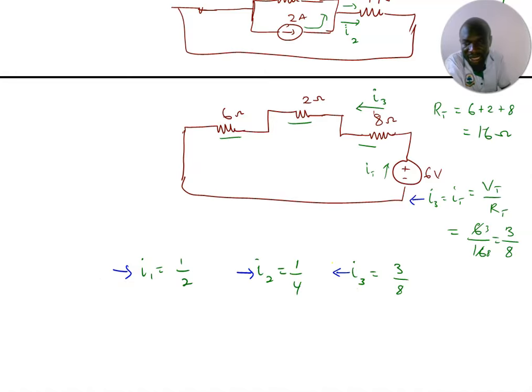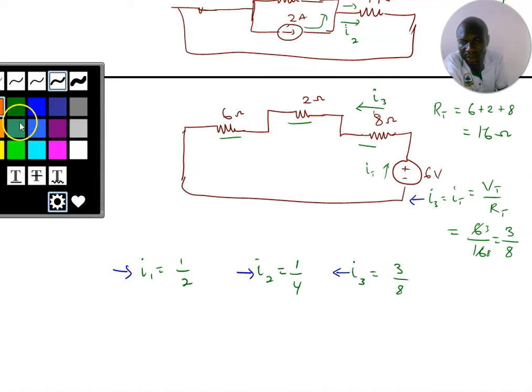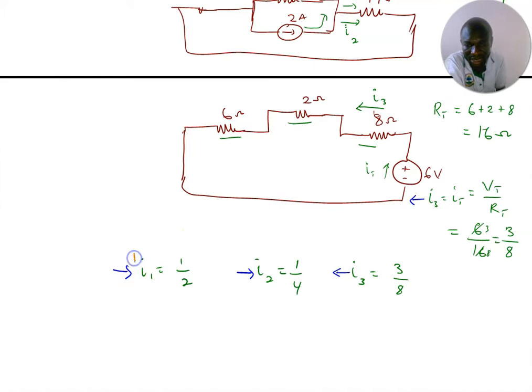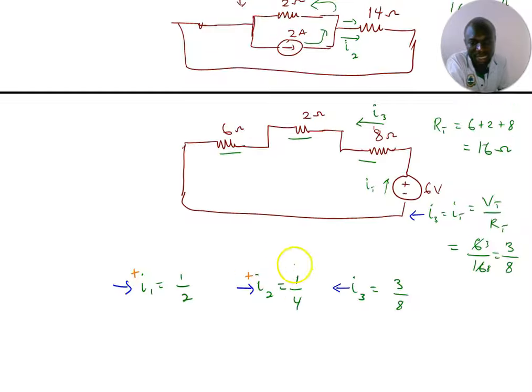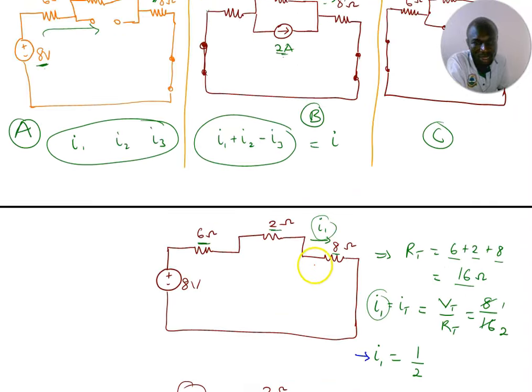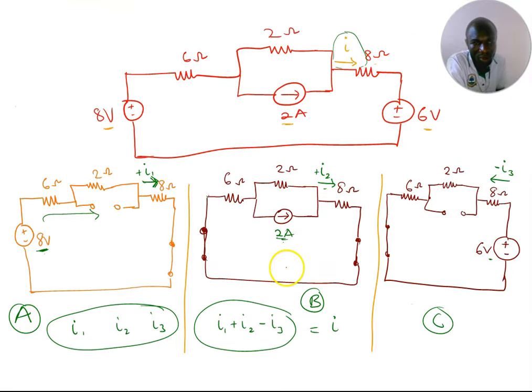So you see, with this, we can say that the I1 is positive because it's moving in that direction. Any current that is moving in the direction which was initially given should be considered as positive. So the direction which was given was moving towards this path.